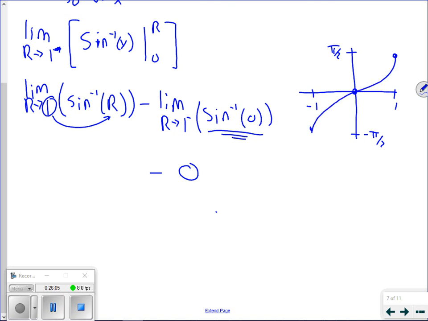That's sine inverse. So I want to know what approaching 1 from the left looks like. Here is 1, and notice we're coming from the left side. It's still just what the value is, but I wanted to visualize it and show you exactly what we're talking about. 1 from the left, because we can't come from the right. Anyway, that value is pi over 2, and this answer is pi over 2. It's a convergent area. So, yay.